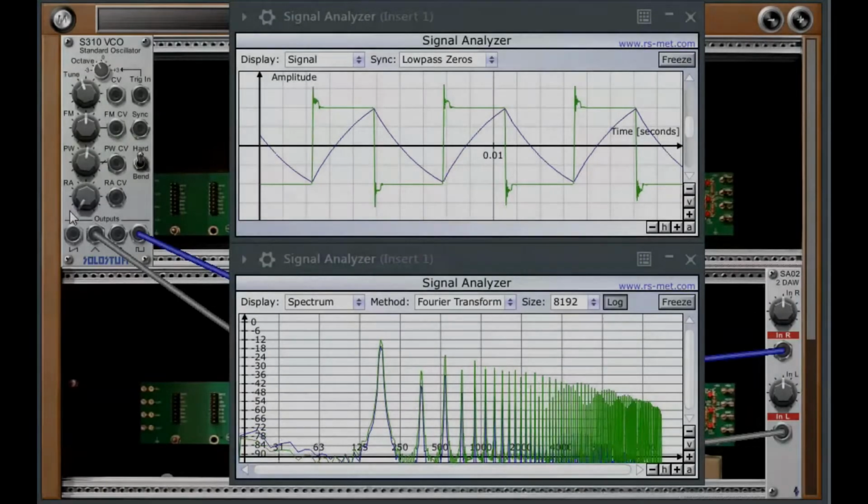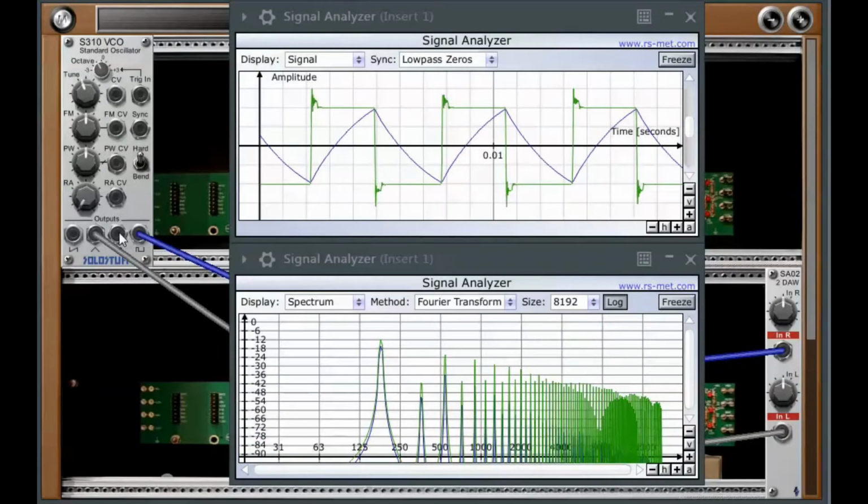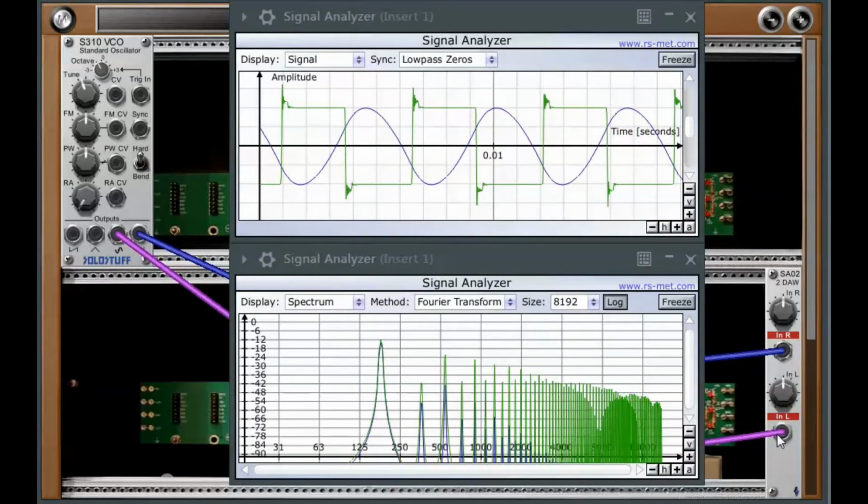Let's see how pulse width modulation works with a sine wave. I replace the triangle with a sine and watch what happens.